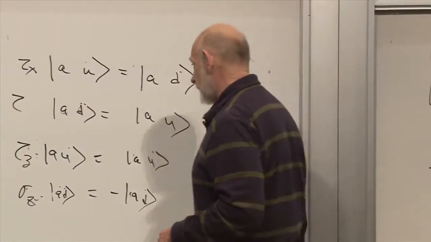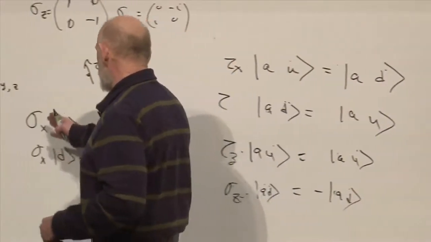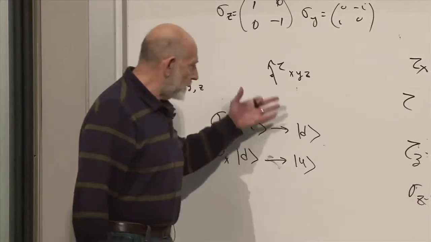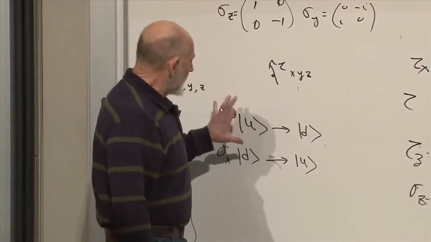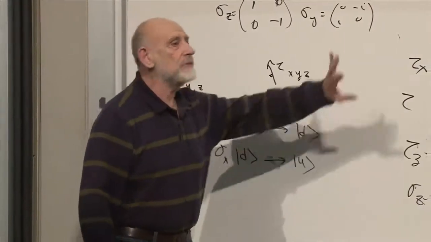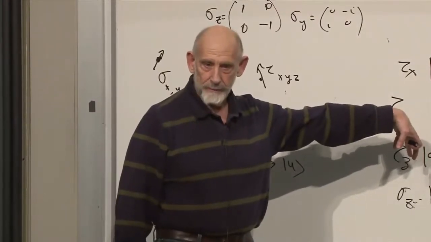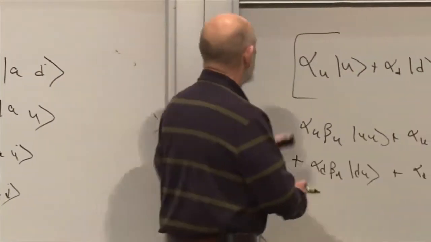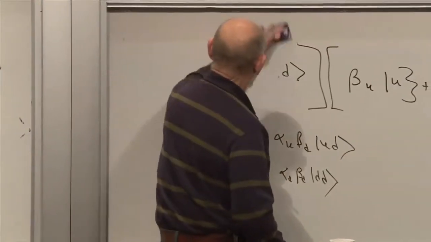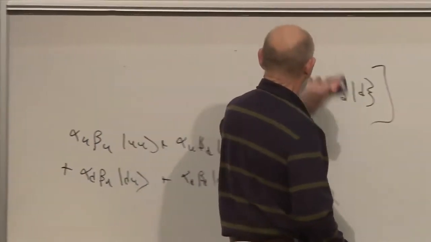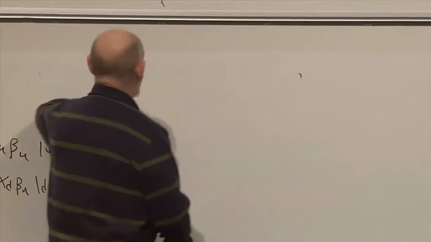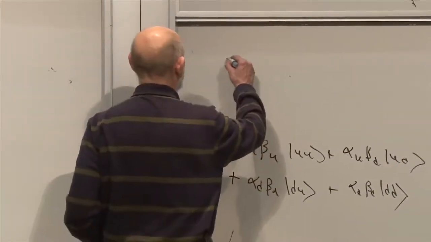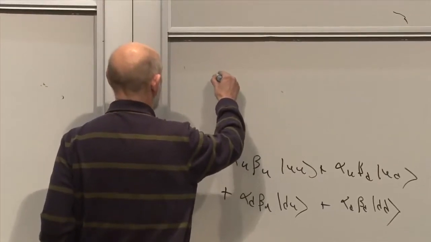The eigenvectors of the components of sigma are simply product states of the eigenvectors of sigma times any vector for tau. In other words, for example, the eigenvectors of, let's take sigma y.